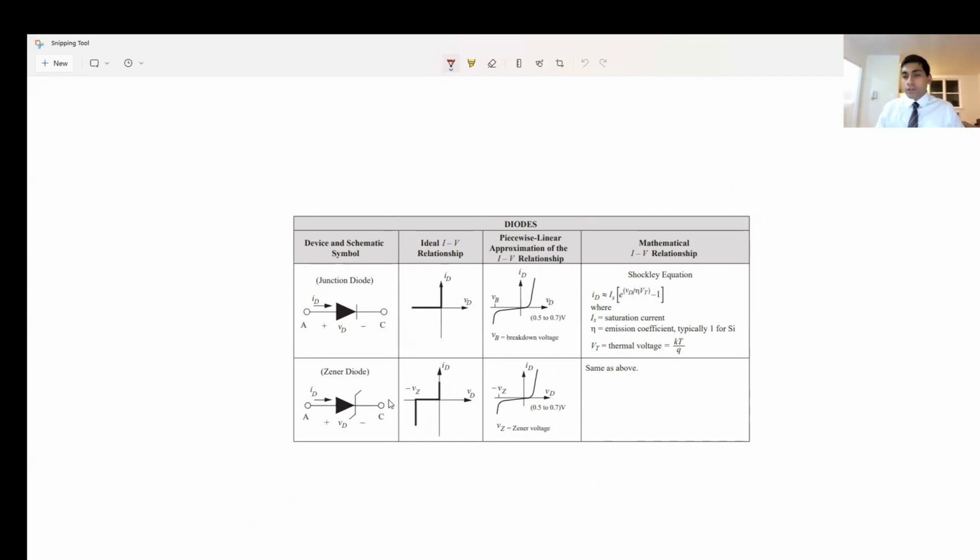Now, for those of us who are not familiar with the concept of diodes, what a diode does is it helps in rectification.